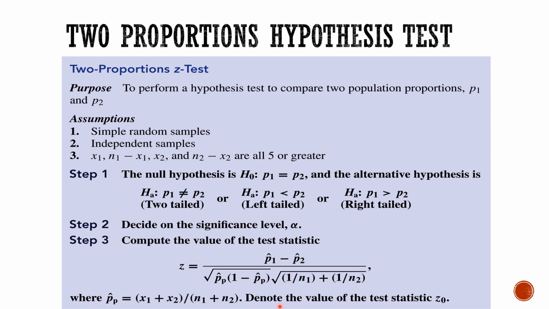You have to familiarize yourself, otherwise you'll feel lost in the test, even if the formula sheet is given to you. So here we have the formula given to us. Again, p hat sub p goes by this formula, x sub 1 plus x sub 2 divided by n1 plus n2, which is a pooled sample proportion used in the denominator of the equation.